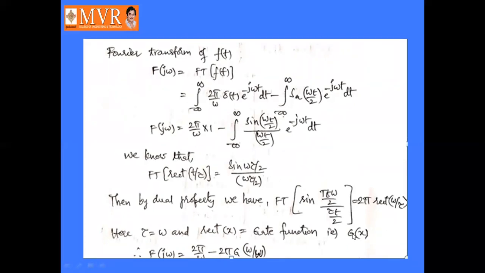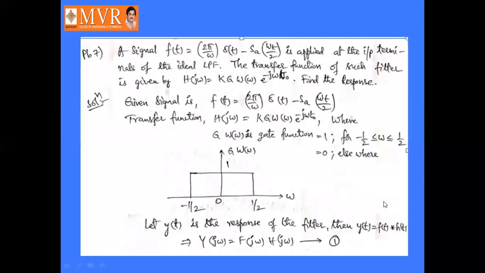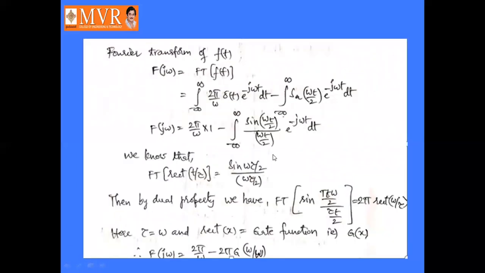Here tau equal to w, and the rectangular function is the gate function. Then it will become 2 pi into the rectangular function of omega by w, which is a gate function.